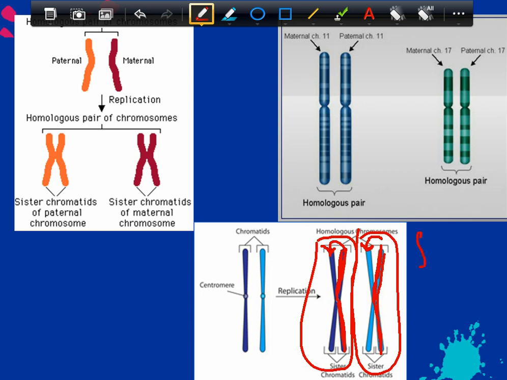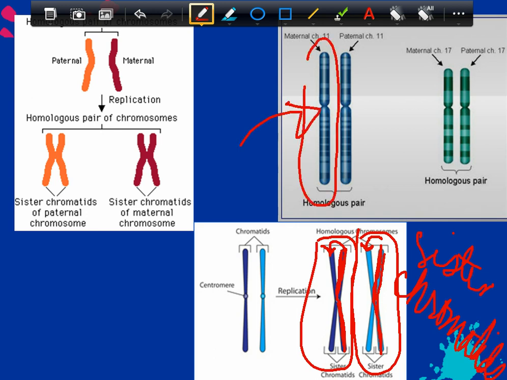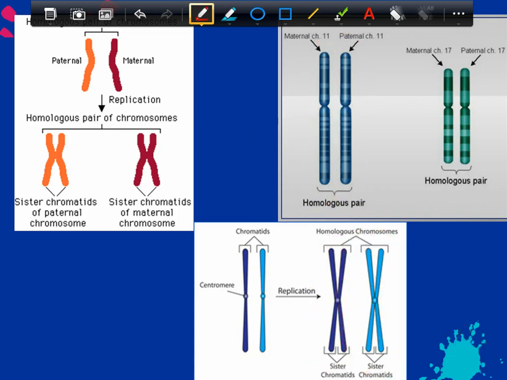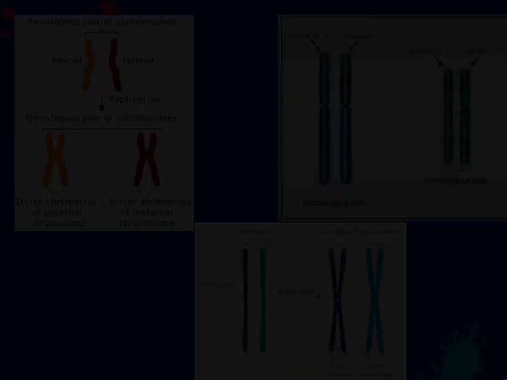They are called sister chromatids, but they count as one chromosome. All right. Whereas here, these are individual chromosomes. That's 2 chromosomes right there. Alright, keep it in mind.